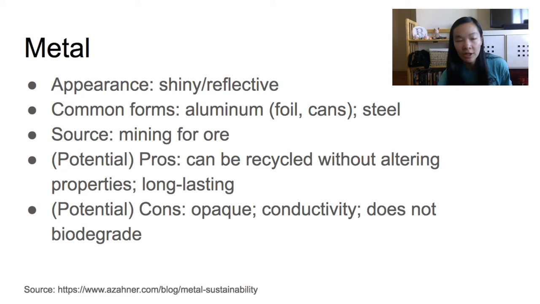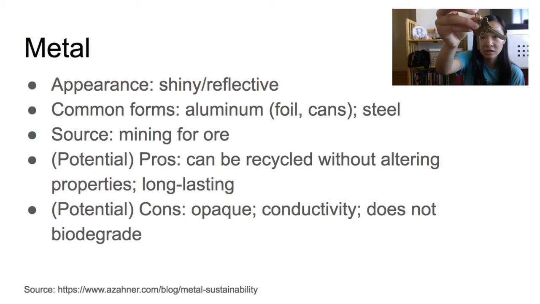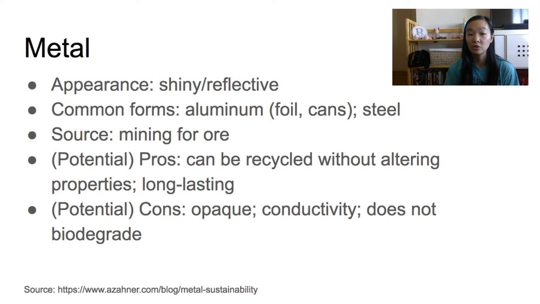Alright, so metal. You recognize metal items because they're generally shiny and reflective. Like these are my apartment keys, which are made of metal. Common forms would be aluminum for your foil, or soda cans, which are made of aluminum. Steel and stainless steel too, a lot of items in the kitchen are made of stainless steel.